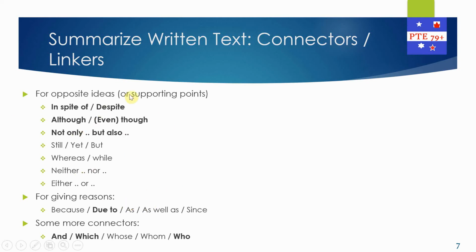If the ideas are opposite, we can use these. If we have to give reasoning or support, then you can use because, due to, things like these. And obviously and, which, who, whose, all these are important. The ones which are bolded here are important.